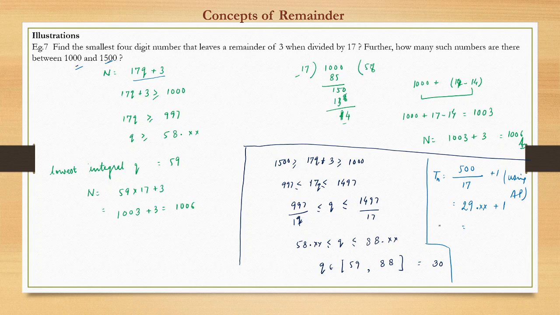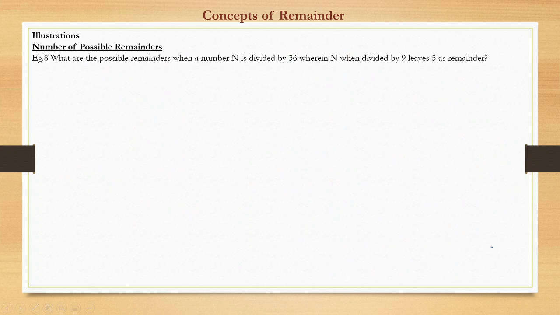Exactly 500 would not be there, because 1000 and 1500 need not be divisible, in the form of 17q plus 3. So that is why we are getting a decimal that we ignore. So the number of terms is 29 plus 1, 30, right? So this is also one of the ways we can find the numbers. So hereby we answer the second part of the question.